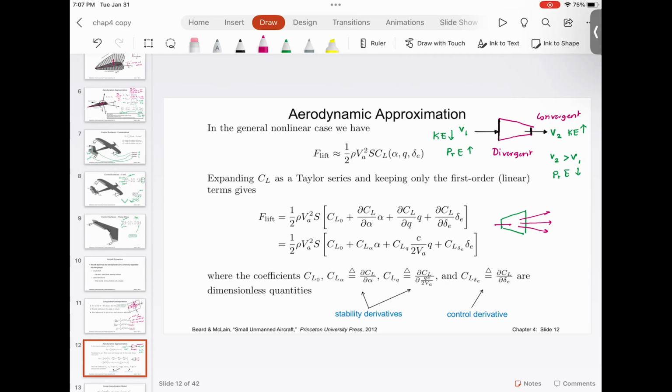This is extremely important. So the thing that I've shown over here on the top, a divergent convergent nozzle and the variation in the kinetic and potential energy, that is all valid when the flow is subsonic. When the flow is supersonic, I want you to visualize that air becomes like a sludge.